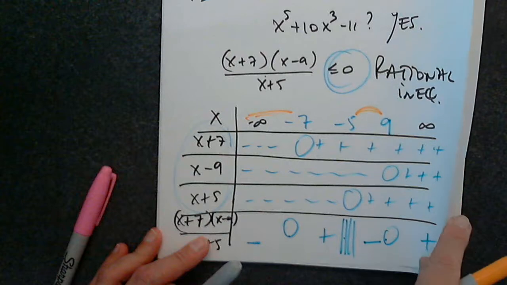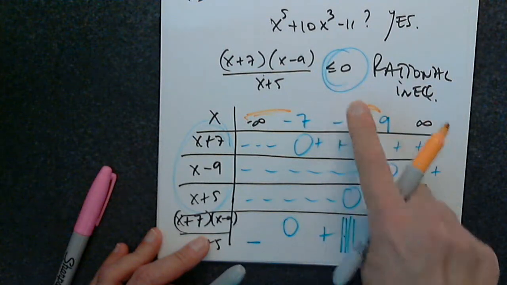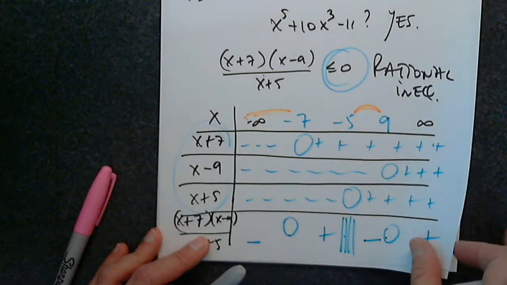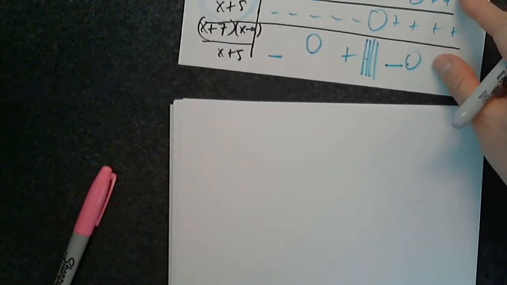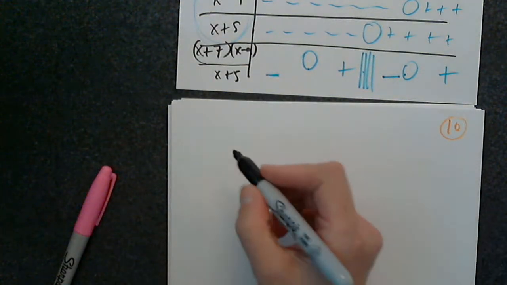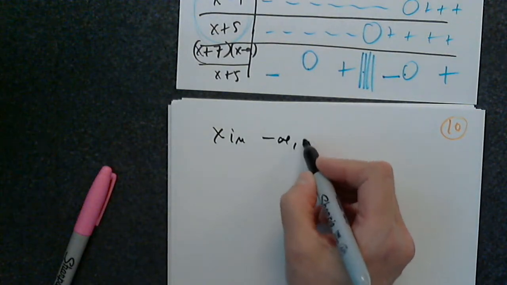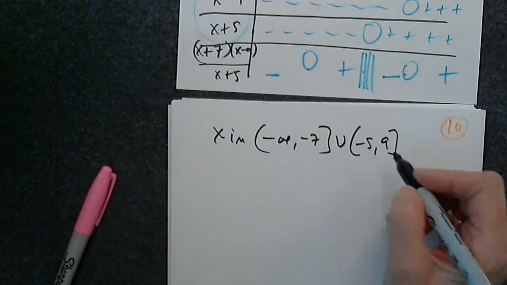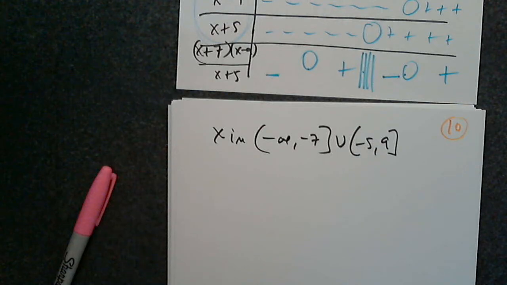Good. Remember the equal symbol is there. I cannot include -5, but I have to include -7 and 9. So the final answer is x in the interval negative infinity to -7 with a bracket, but -5 with a parenthesis, and 9 with a bracket.